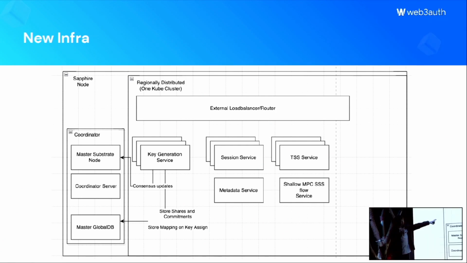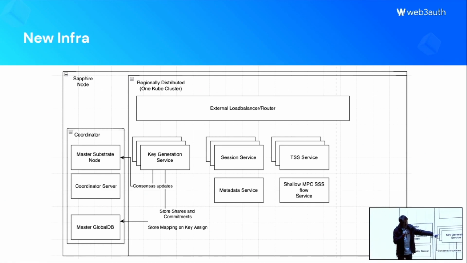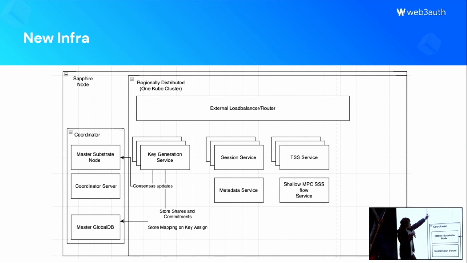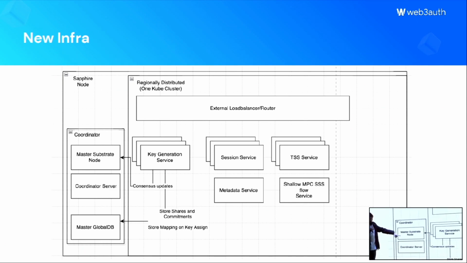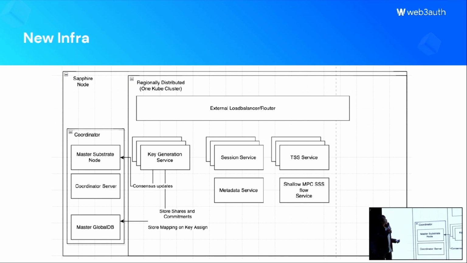And for each region, a node operator would run a cube cluster, which would then have a microservice architecture and spin up and spin down services as necessary, very similar to ECS on AWS or any one of those managed services. And as you can see, one node runs 7 cube clusters across the world with its own coordinator setup, where the consensus lives up here in the coordinator setup.